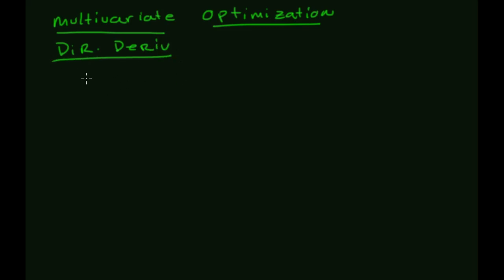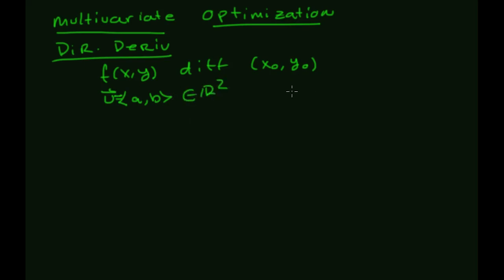as being, so if I have a function f of x, y, that's differentiable at some point x null, y null, and then I have a unit vector u, which is going to be the vector AB, it's going to be in R2, and u is a unit vector, so its magnitude is 1.